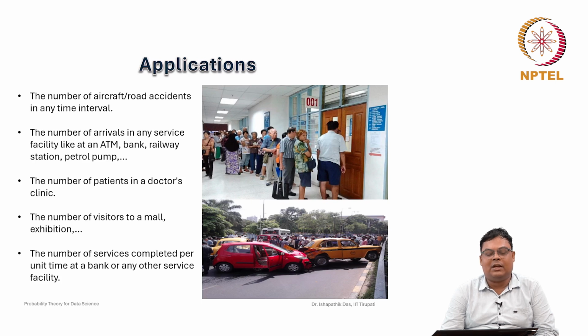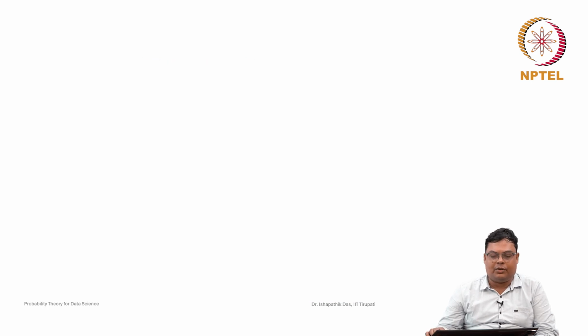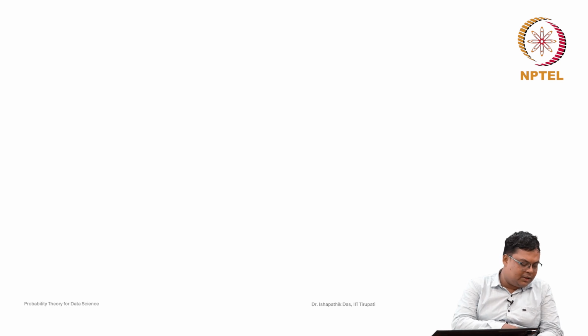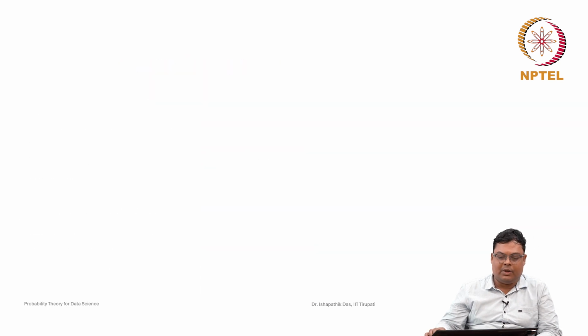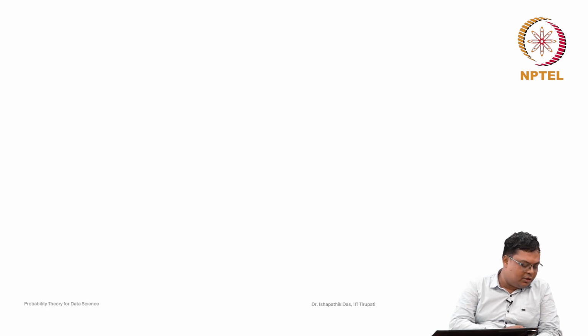Whenever you see in real life a number of accidents or a number of service facilities in a discrete sense, you can use the Poisson distribution. Now, let us do some numerical examples using the Poisson distribution.